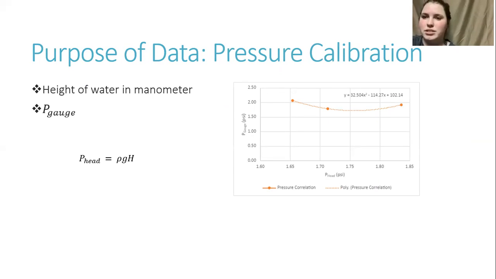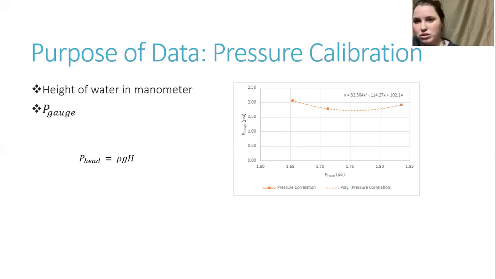Like Hannah said, we are taking the height of the water in the manometer, and that is used in the equation below to find the pressure head. If we multiply rho g h, with h being the height of the water, we can get the pressure head.